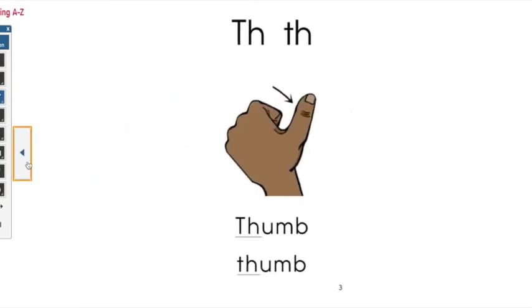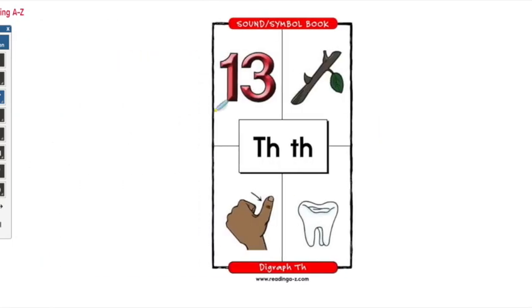Let's read those words one more time to practice saying them. We have th, thorn, thumb, and tooth. When I point to the word, say it out loud.